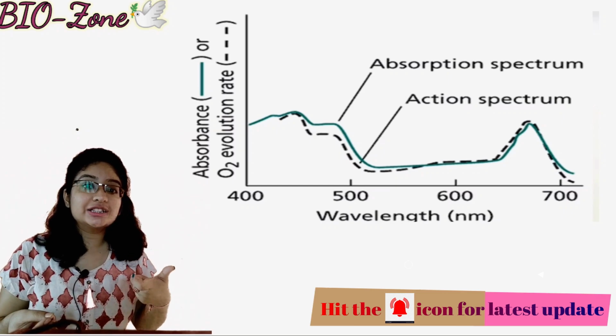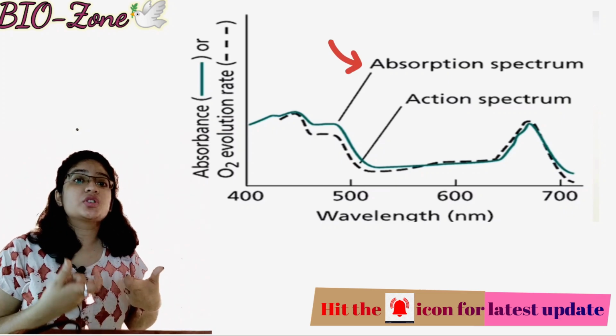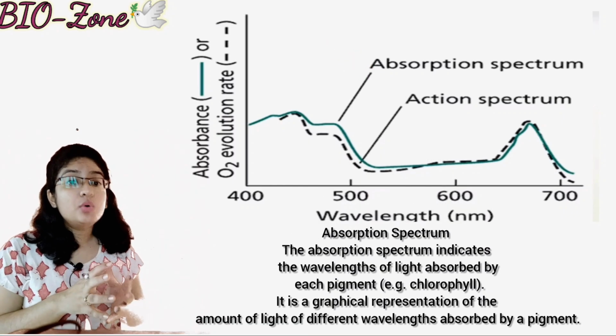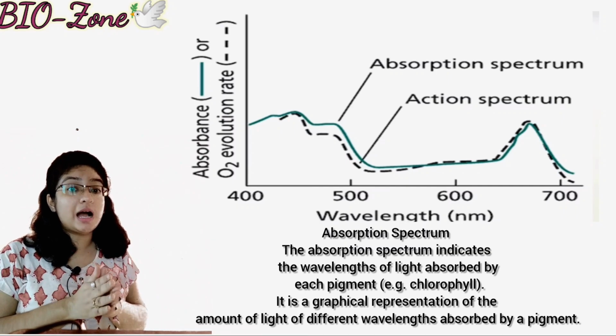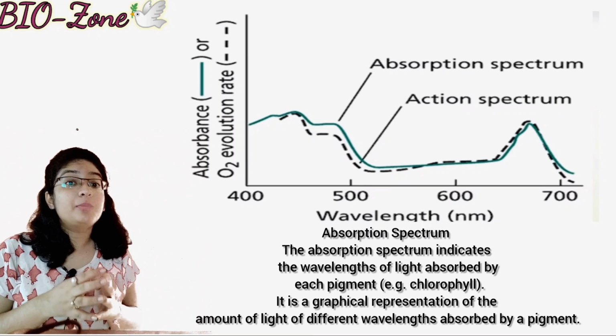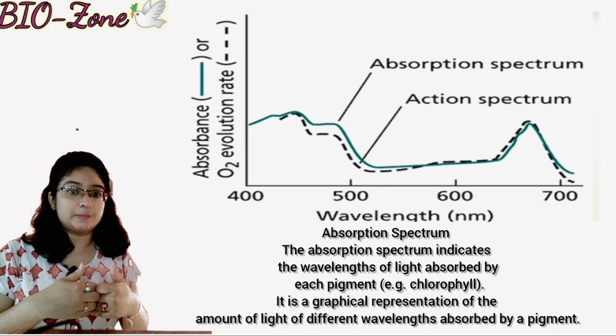One is the action spectra that we discussed, and the other is the absorption spectra. Now what is that? Generally the amount of light that a plant accepts, or the average amount of light that a plant can consume, is called the absorption spectra.